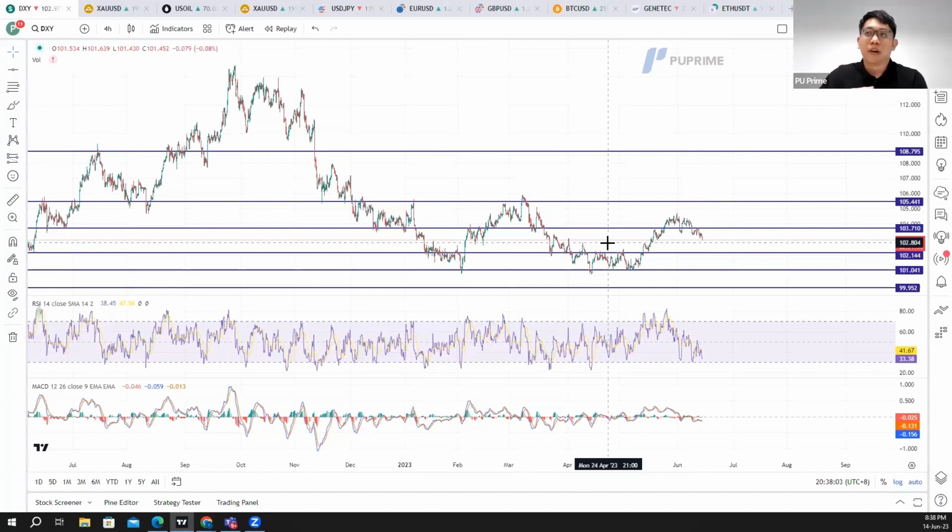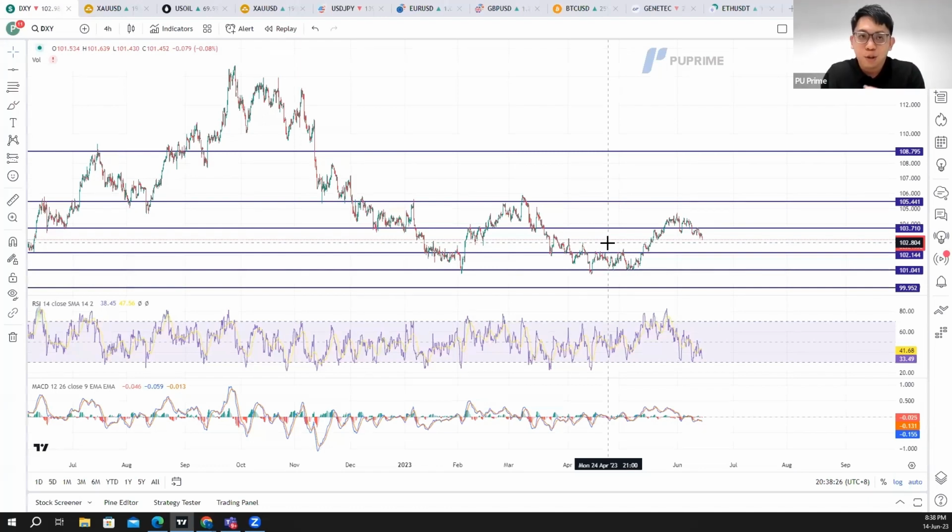So it's very close to it now. And we also know that the market keeps urging the Fed to stop this very aggressive high interest rate. It's going to harm the market. It's going to harm the stability of the financial market.